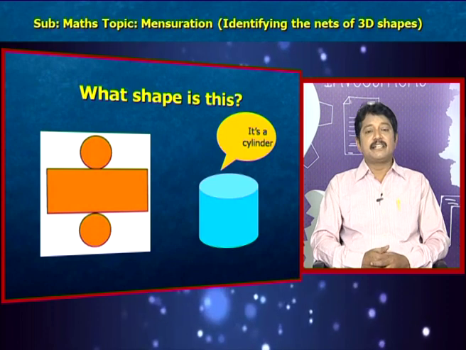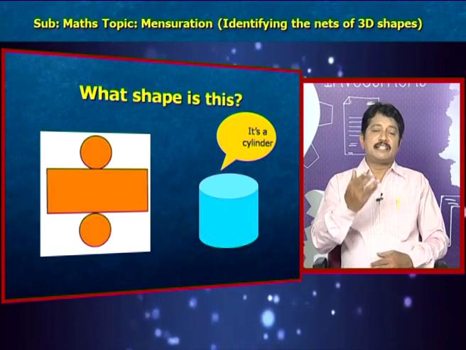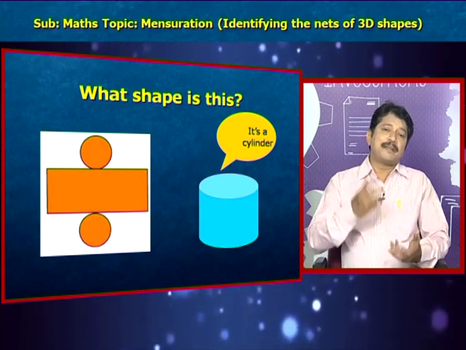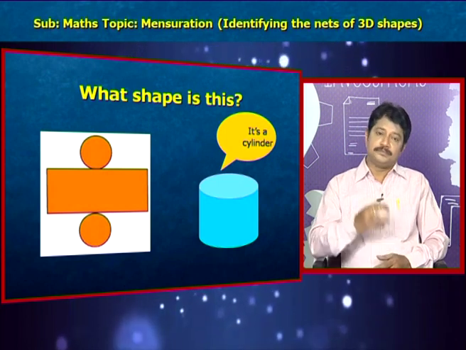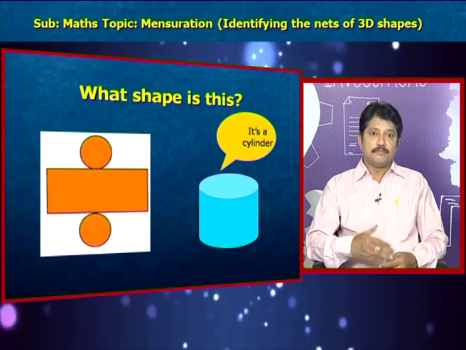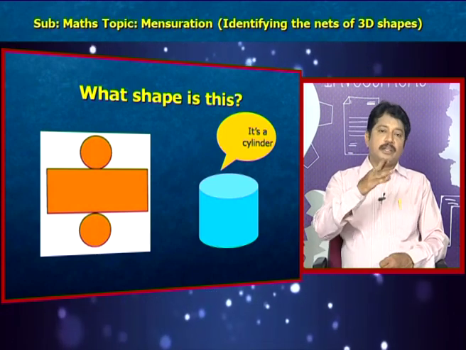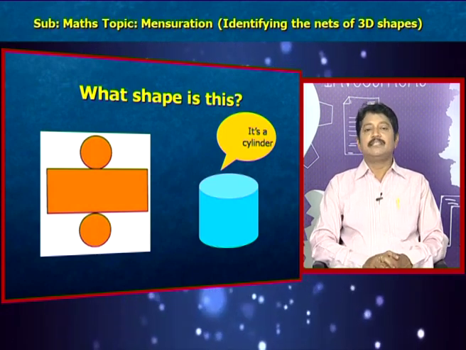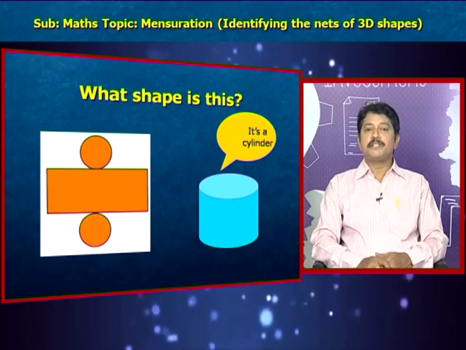Am I correct? It is in the form of a rectangle, and the top and bottom will be in the form of circles. Okay. Maybe in the next episode I will show it using the software GeoGebra, how it forms in an animation method, so maybe you will understand more effectively than this. So, just observe that. After that, imagine it.